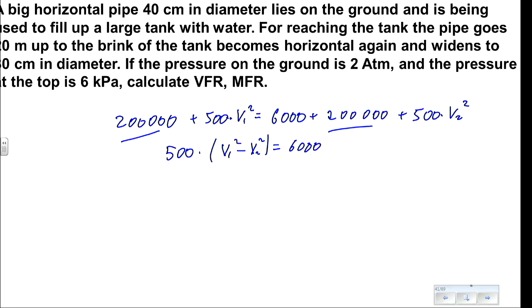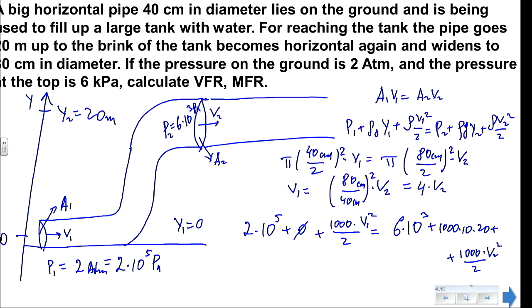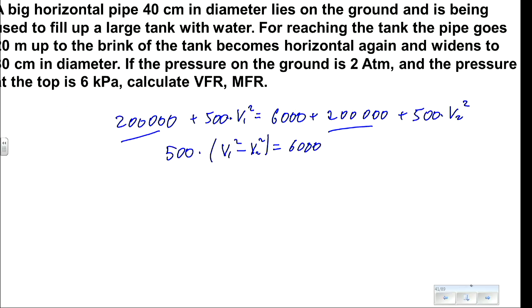But we know from the continuity equation that V1 is equal to 4 times V2. So our equation can be simplified. 500 times 4 times V2 squared minus V2 squared equals 6,000.